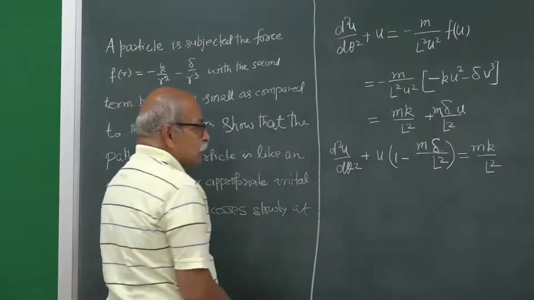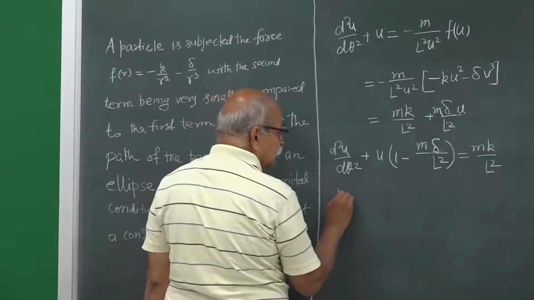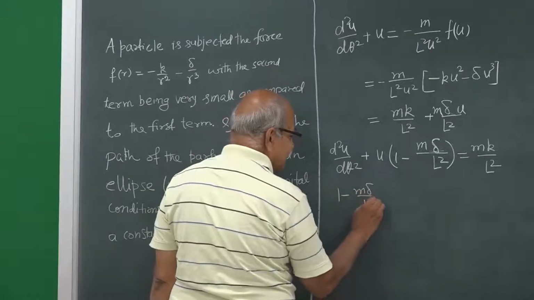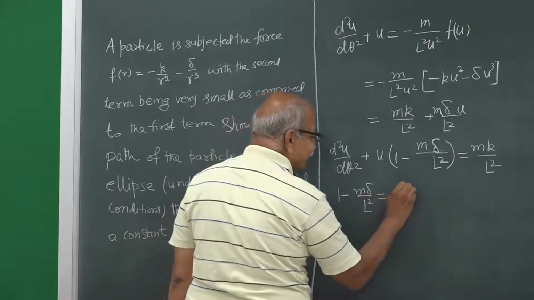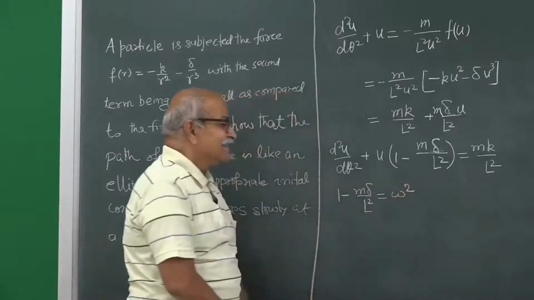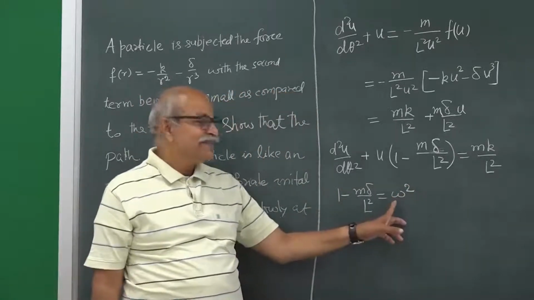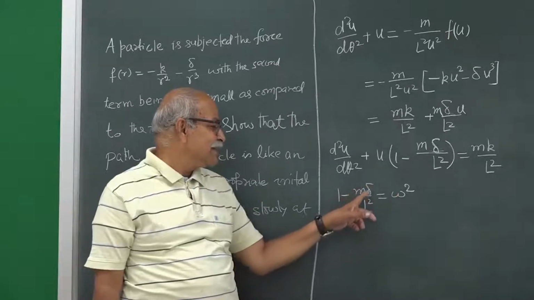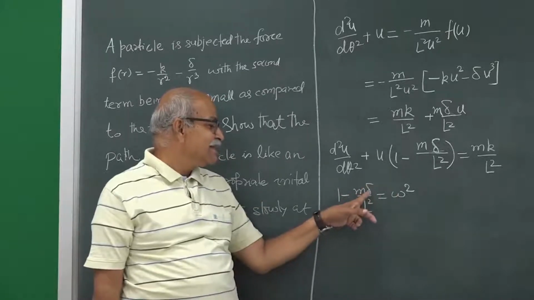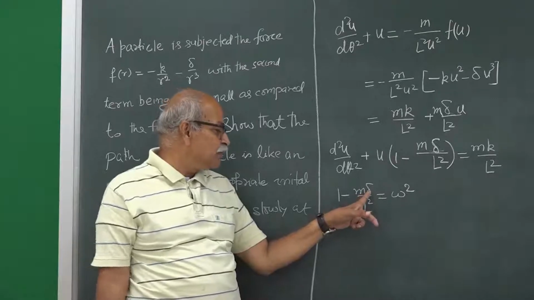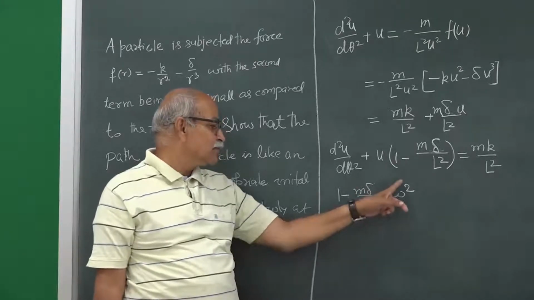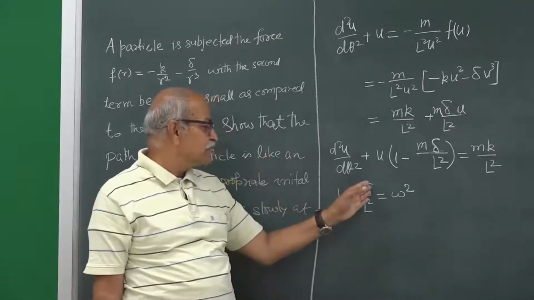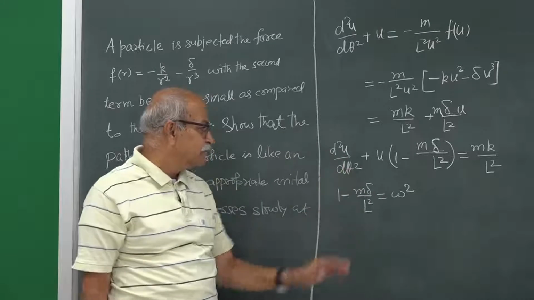So, write 1 minus m delta over L square is equal to omega square. Define a new constant omega, which is 1 minus m delta by L square. Since delta is very small, close to 0, this quantity is close to 1, omega is close to 1. If delta is 0, then it is just 1.